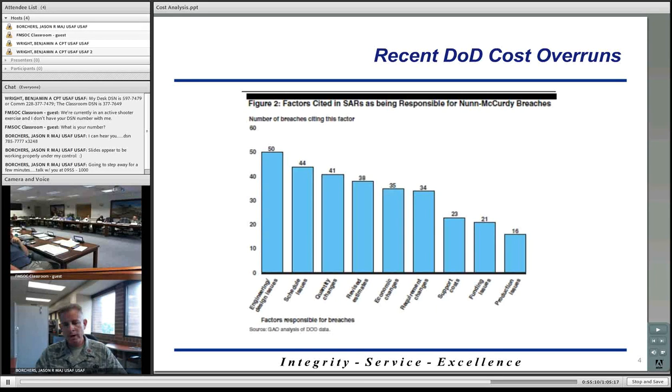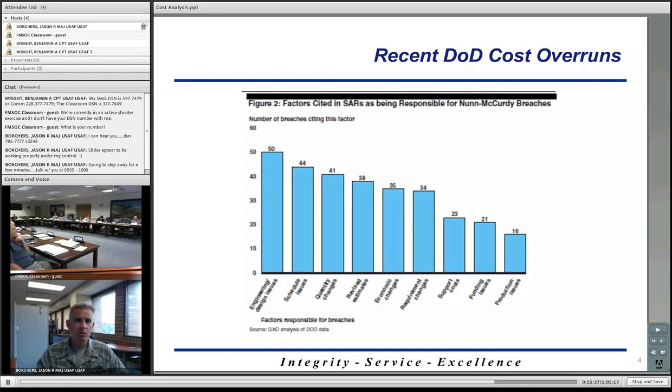The assumption is made that a lot of people in a program office, whether you mean to or not, are kind of tied to your program, so you may show preference for it. You want the program to succeed. So maybe in some cases, whether you intend to or not, you may estimate a little more favorably for certain aspects.